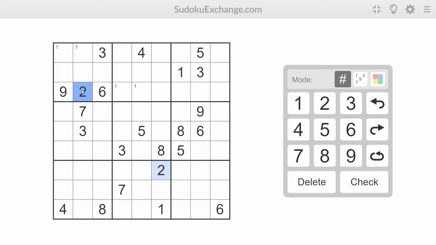Okay, 2 sees these three cells here, and this 2 sees these three cells here. So we can put candidate 2 in these two cells.